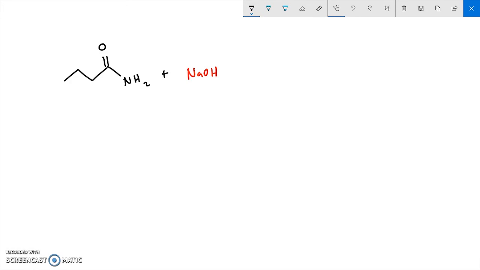When butanamide reacts with sodium hydroxide, for instance, we're going to use the same approach. First and foremost, we identify the A part from the carboxylic acid. So we cut down here and identify this as A, and the connection to the NH2 will be considered as B, while for the sodium hydroxide, we isolate the H so that the H will be considered A prime, and the rest will become B prime. So the end product should look like this.